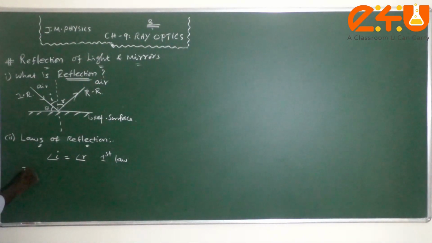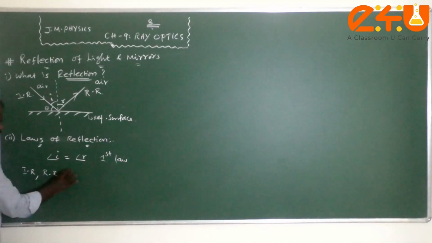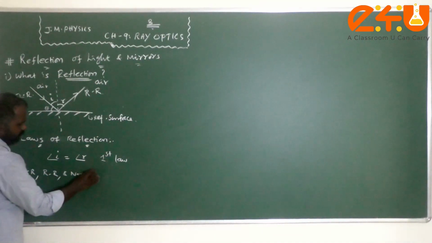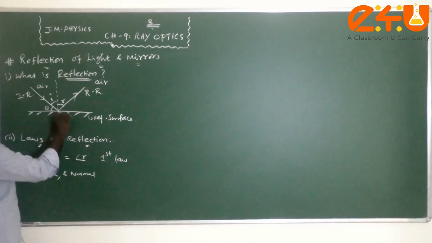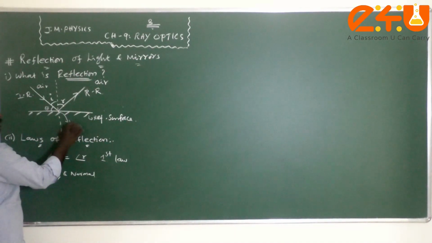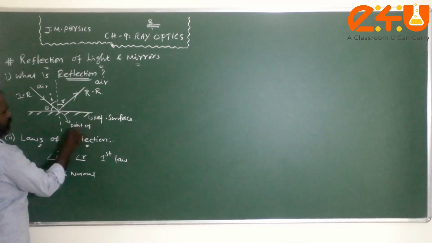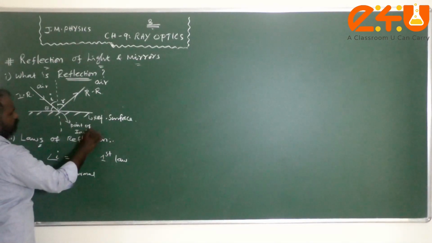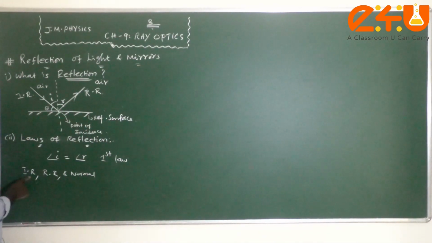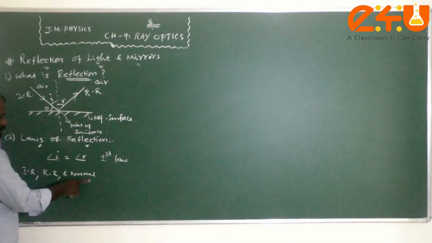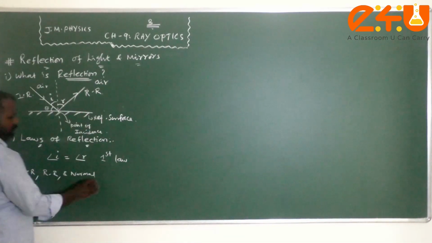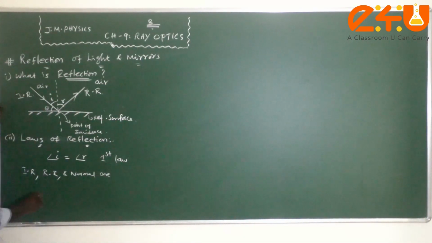So the incident ray, reflected ray and the normal all lie in the same plane.